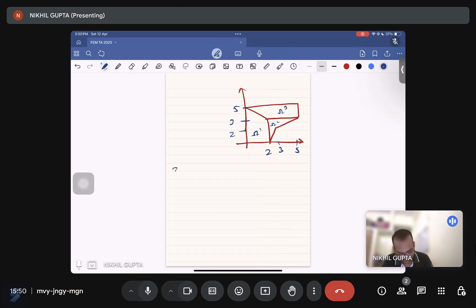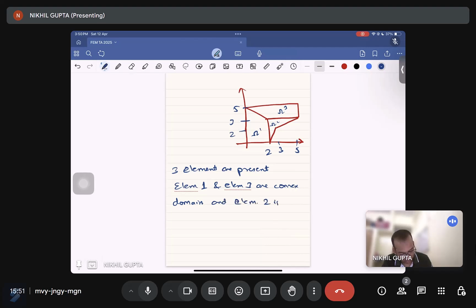So 3 elements are there. Element 1 and element 3 are convex domains, and element 2 is non-convex.